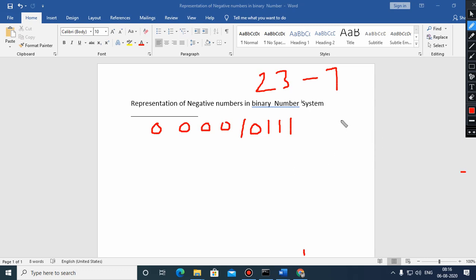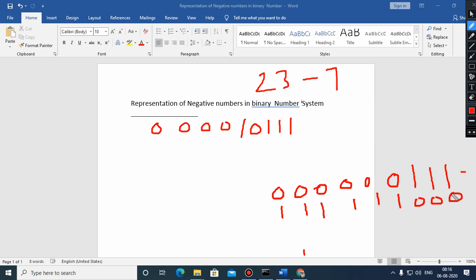So minus 7, it is triple 1 and 5 times 0, one sign bit, and this is 5 times 1, and here it is minus 7 in one's complement, and we have to add one more 1 here.